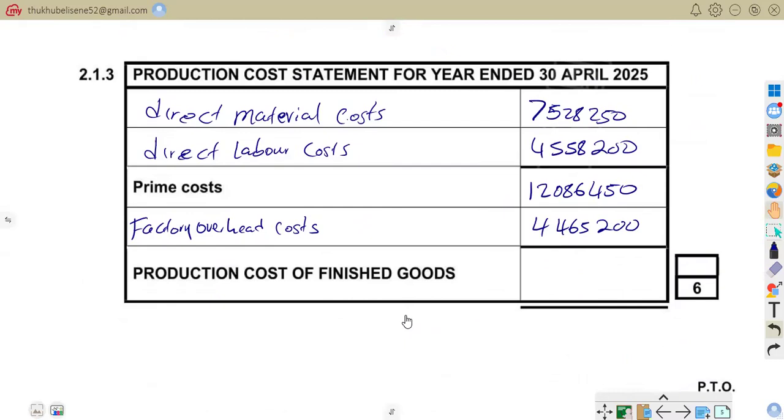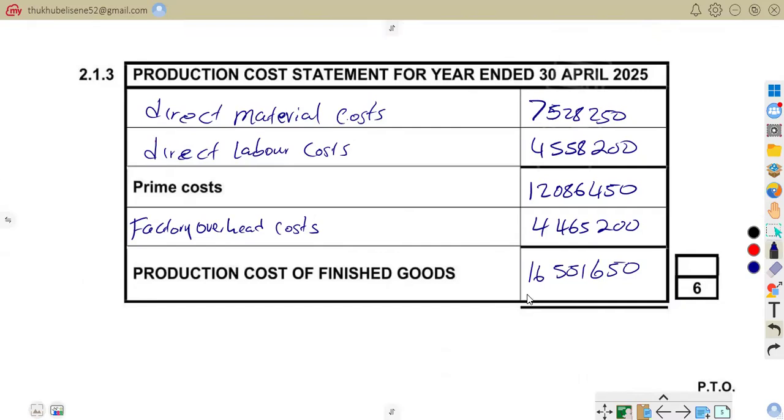So now the production cost of finished goods. So that is prime cost plus factory overhead cost. So the amount that you're going to get on that is 16,551,650.